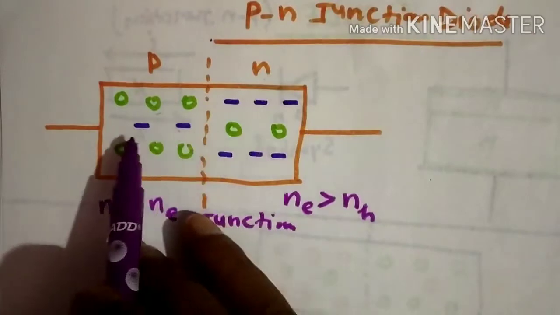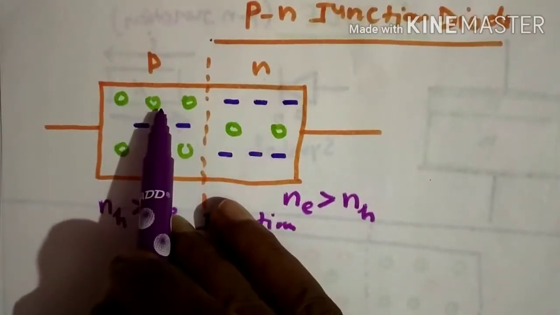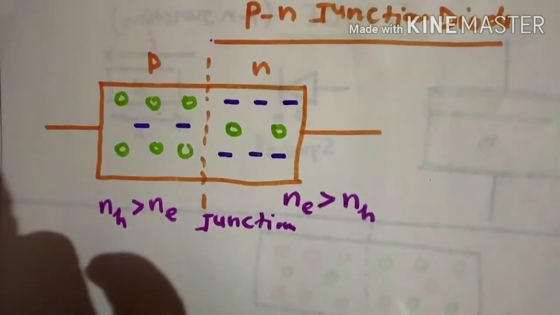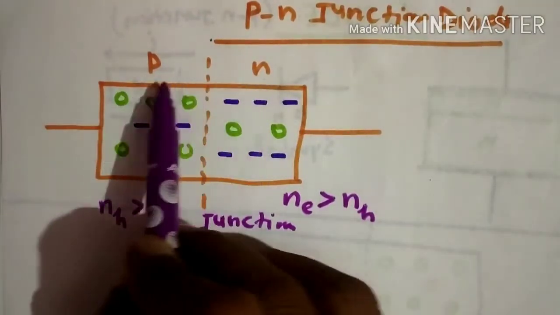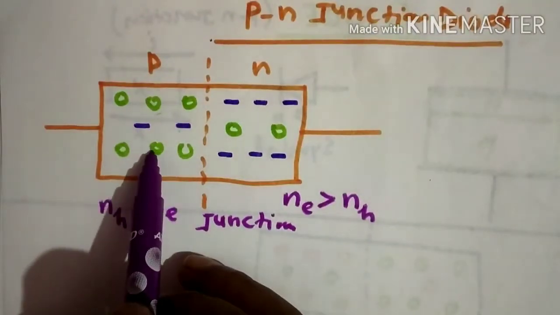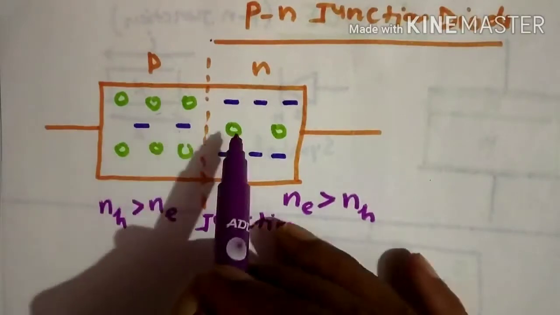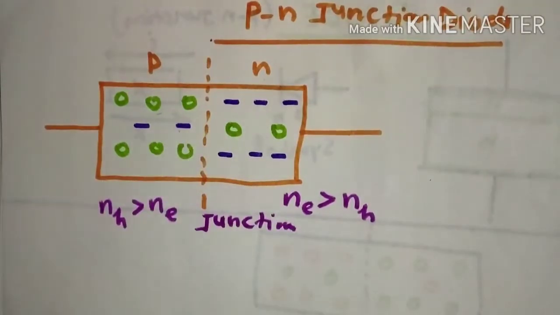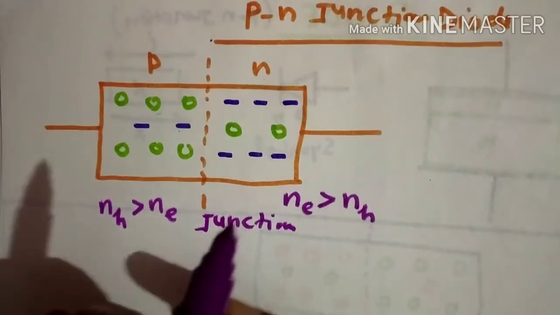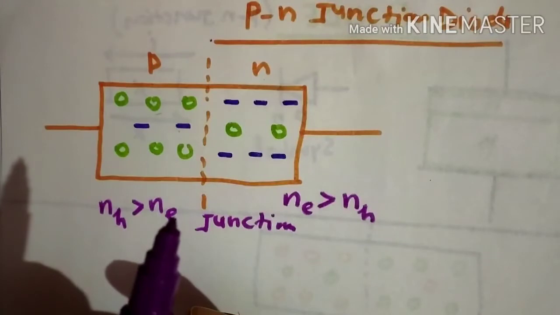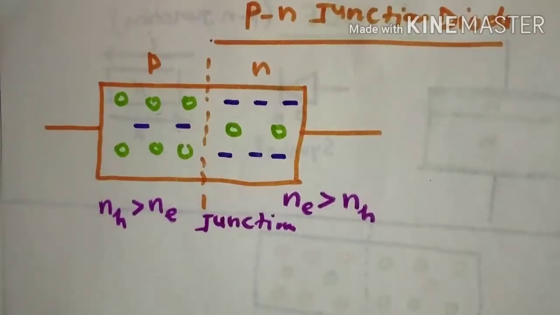There is a concentration gradient of holes as well as of electrons, meaning there is a concentration difference in these two regions for holes as well as electrons. Due to this difference in concentration, there will be set up a current that is called diffusion current.